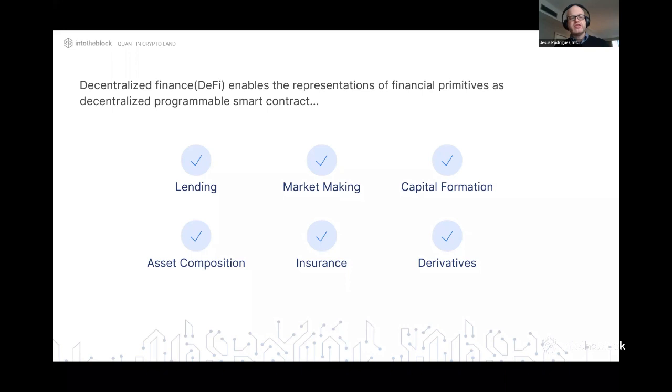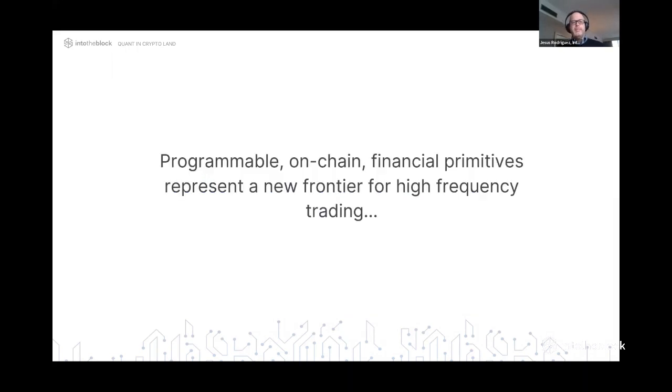What that gives us is the idea of building strategies that incorporate those primitives as first-class citizens. That is the type of strategy that we cannot compose using simple traditional financial vehicles. Specifically, we have this theory that DeFi is the next frontier for high-frequency trading strategies.